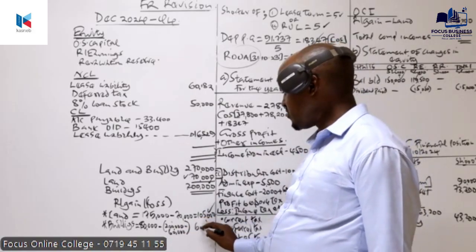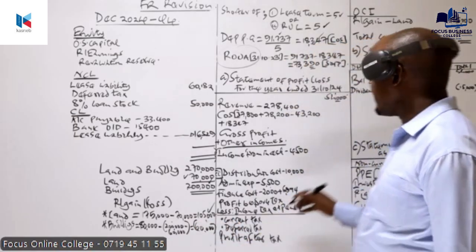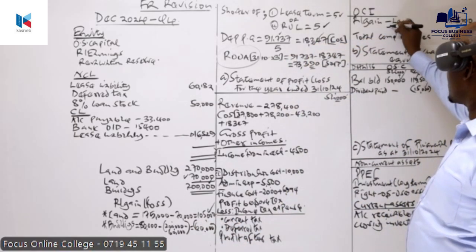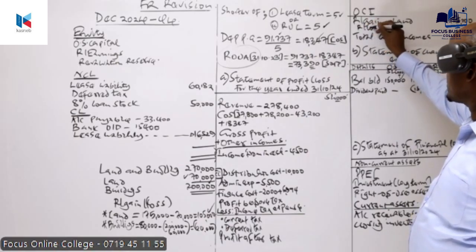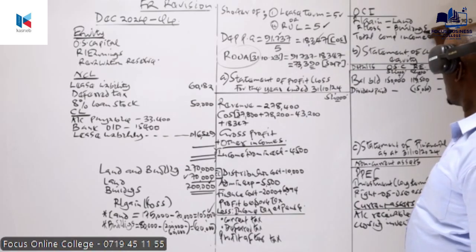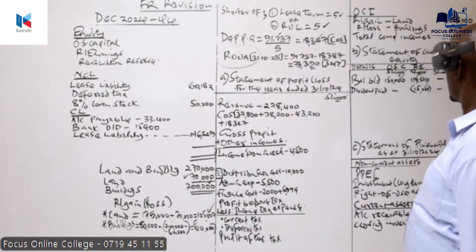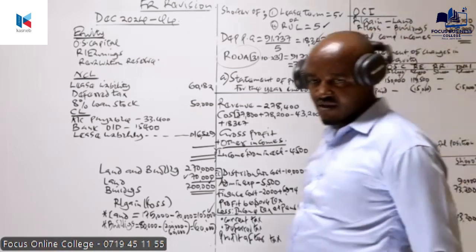So we have a revaluation loss on buildings of 60, and we record it here as a negative because it's a loss.